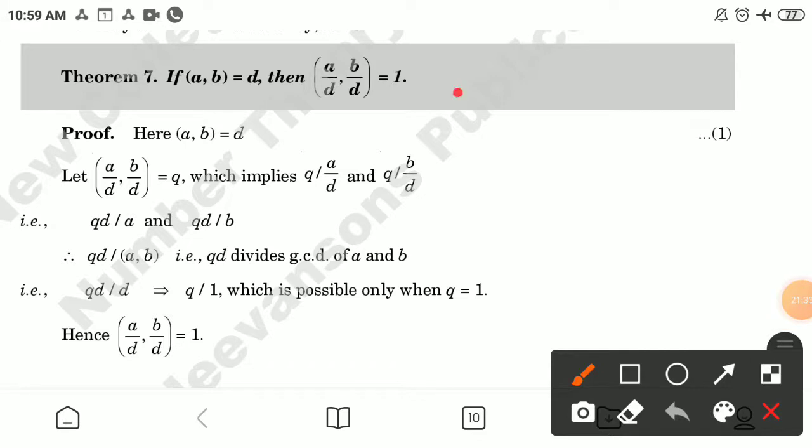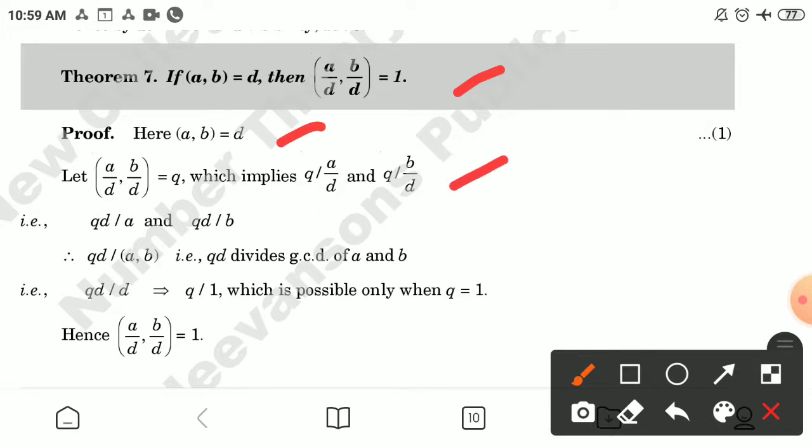Now, next result: if AB equal to D, then greatest common divisor of A/D and B/D equal to 1. Here, greatest common divisor of A and B is given to be D. Let greatest common divisor of A/D and B/D be equal to Q, which implies that Q divides A/D and Q divides B/D.